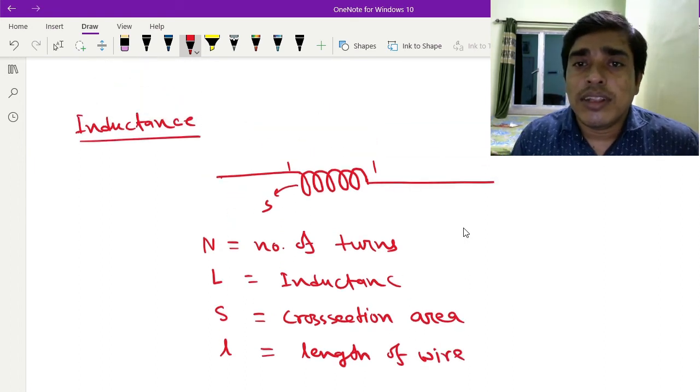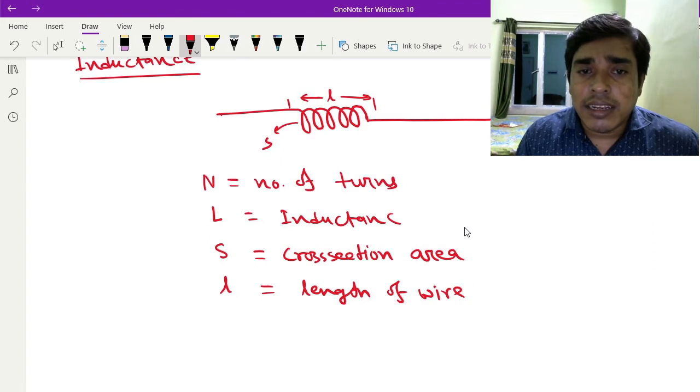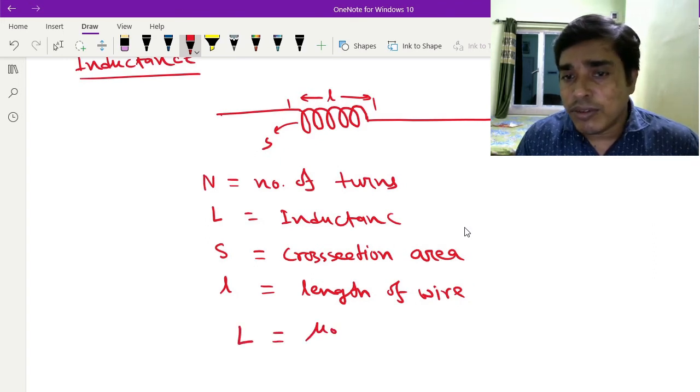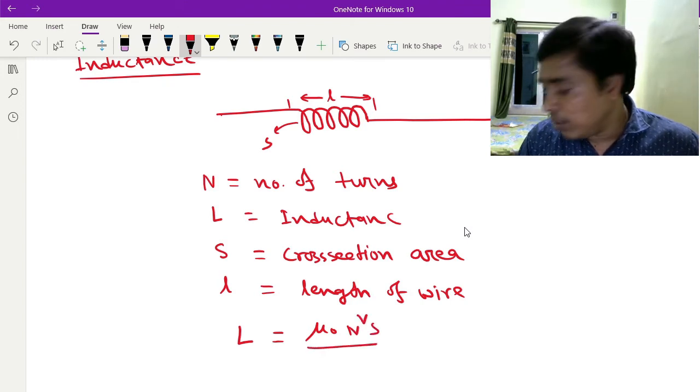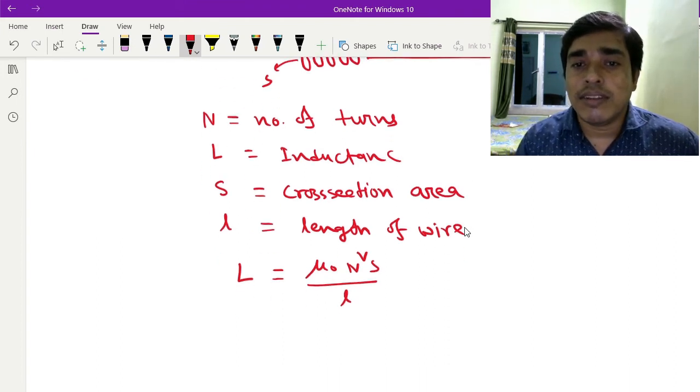So this is the length L, this is the cross sectional area, and the number of turns is N. Then the inductance L equals mu 0 n squared S divided by L.